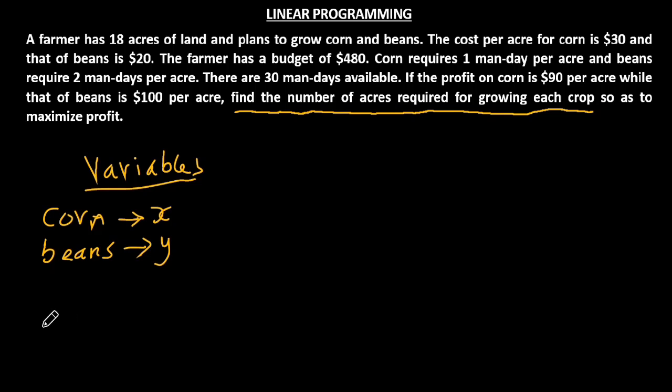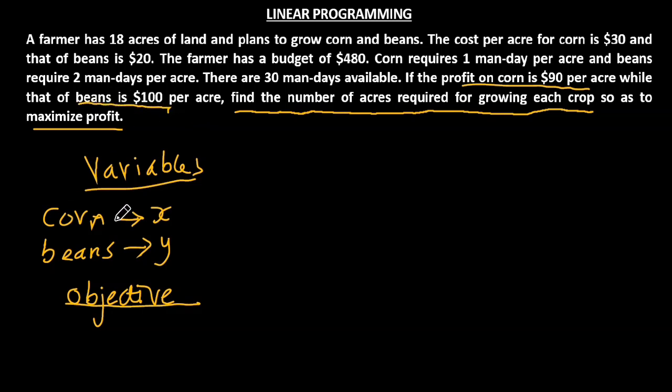So the first requirement is that we must have variables. The second requirement is that we must also know the objective function. An objective function is also called a money function because it is used to either maximize profit or sometimes to minimize cost. From this question we can see that the profit on corn is 90 per acre and the profit on beans is 100 per acre.